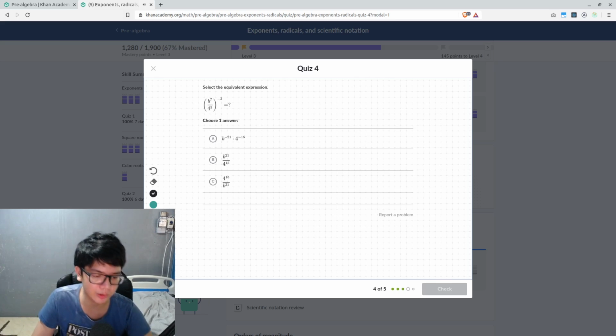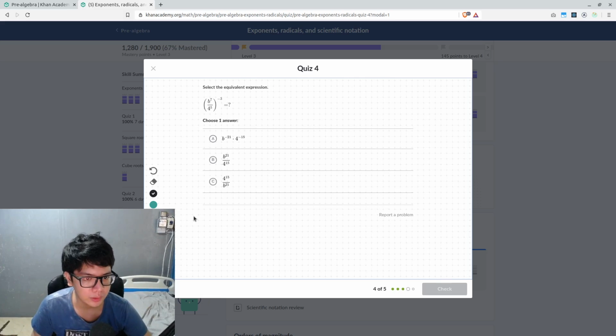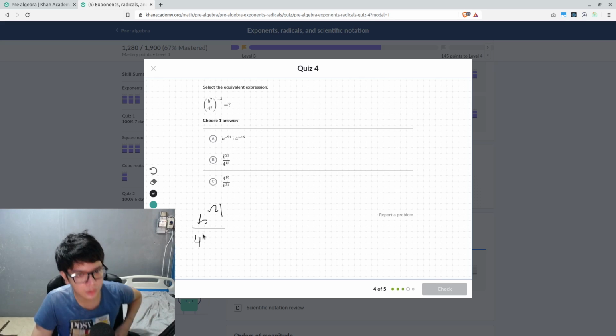Select the equivalent expression. Okay, cool. This is the same, different base, different exponents. B raised to negative 21 over 4 raised to negative 15.